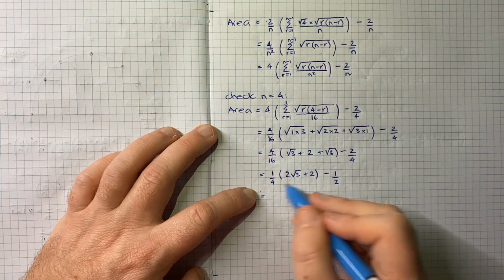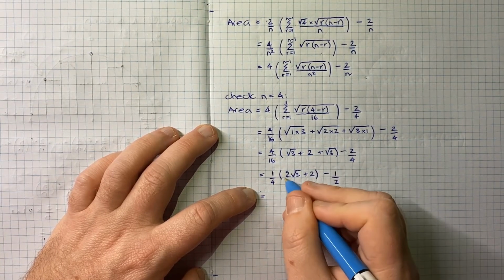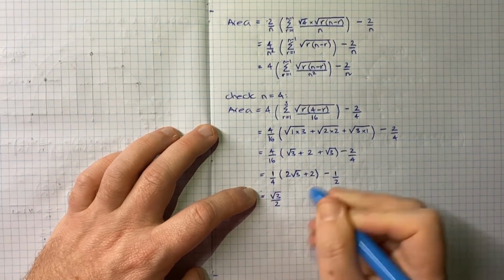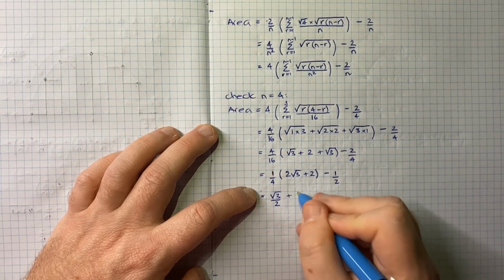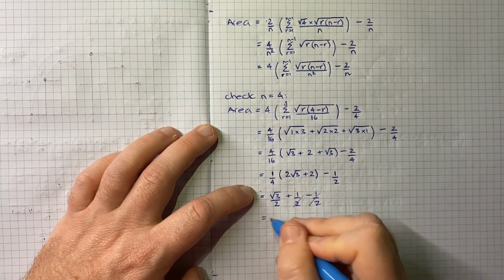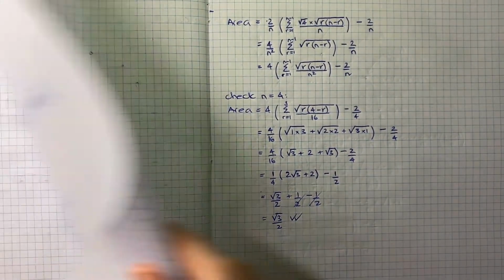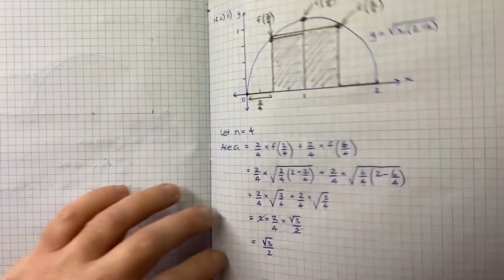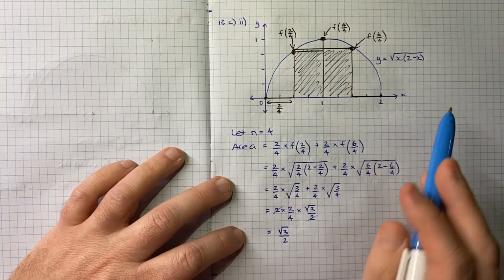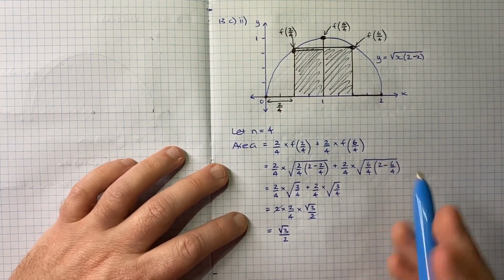If I just put this through, it's going to be root 3 on 2, plus 2 on 4, or plus a half, and then minus a half. These two halves cancel. So yeah, we get root 3 on 2, which is what we got when we had n is equal to 4. So that doesn't necessarily prove that we've definitely got it right, but it at least provides some comfort.